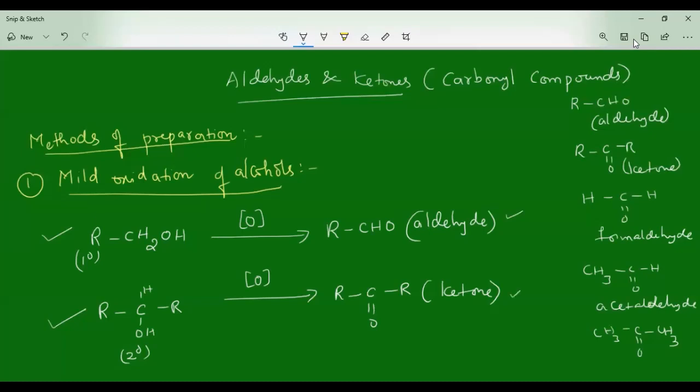This is the important process for preparing these carbonyl compounds from alcohols.